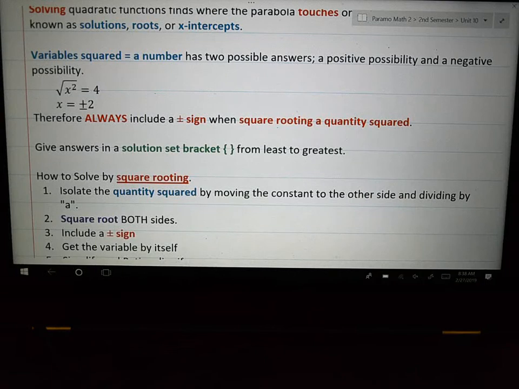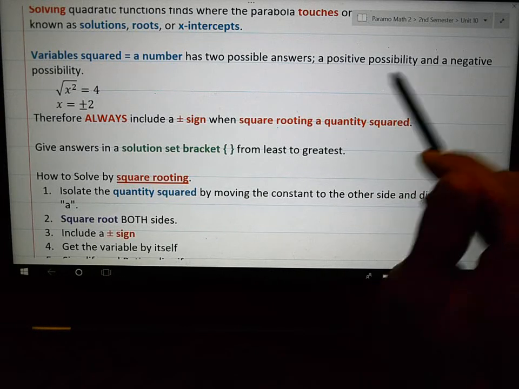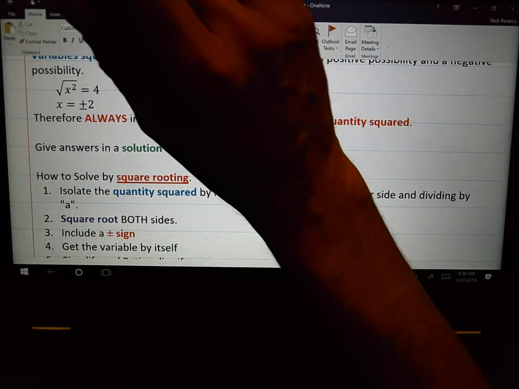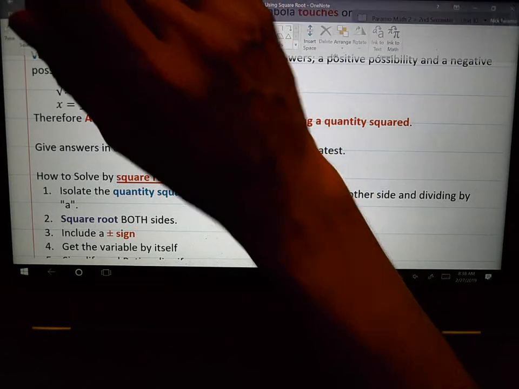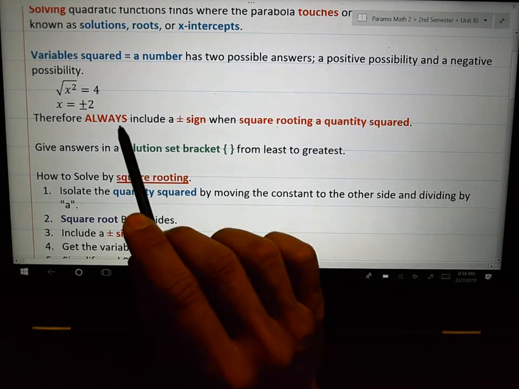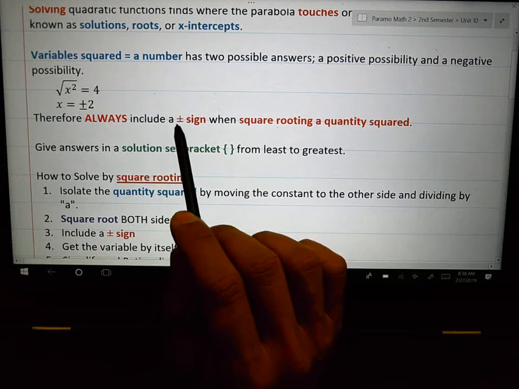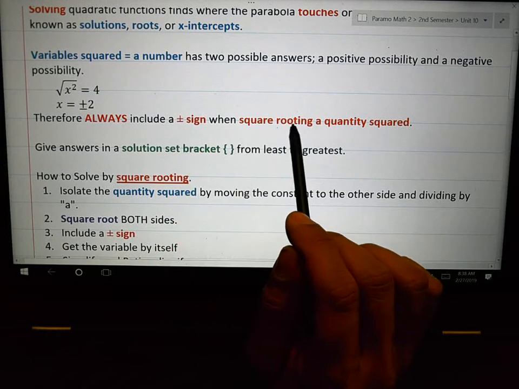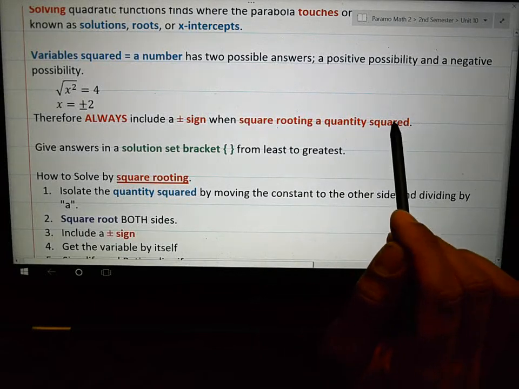Because there's a positive possibility and a negative possibility, we are always going to include a plus or minus sign when square rooting a quantity squared.